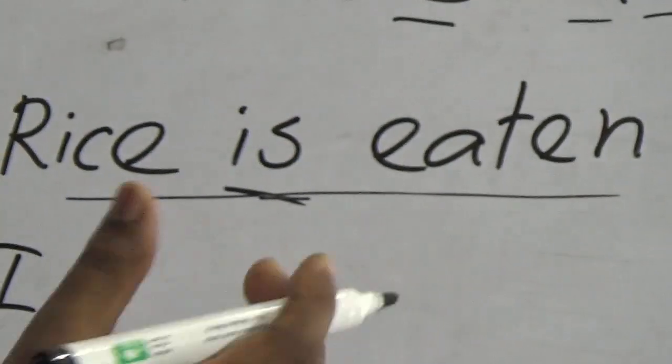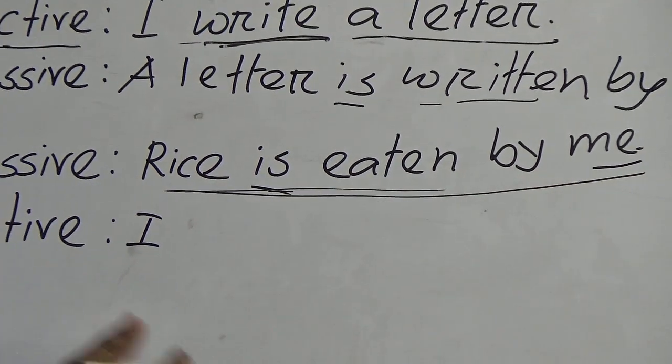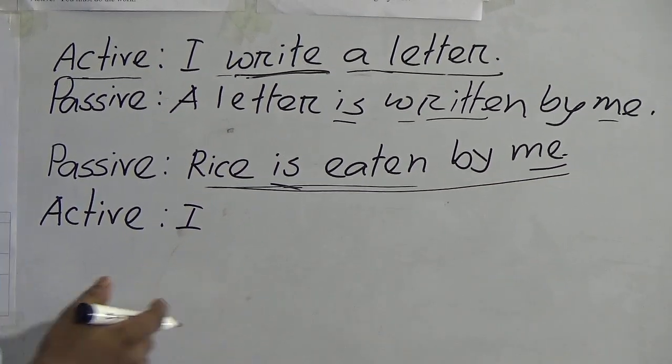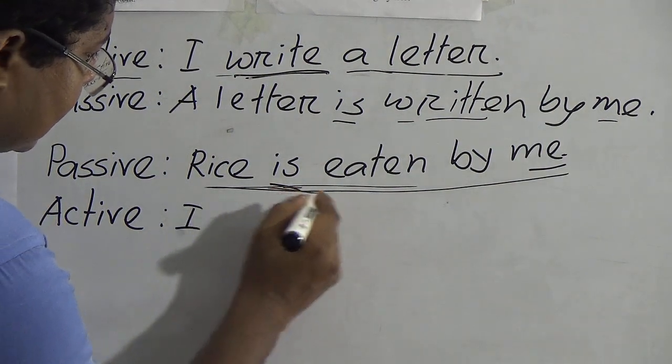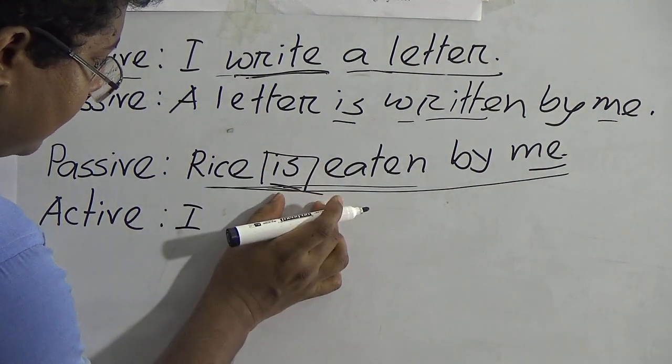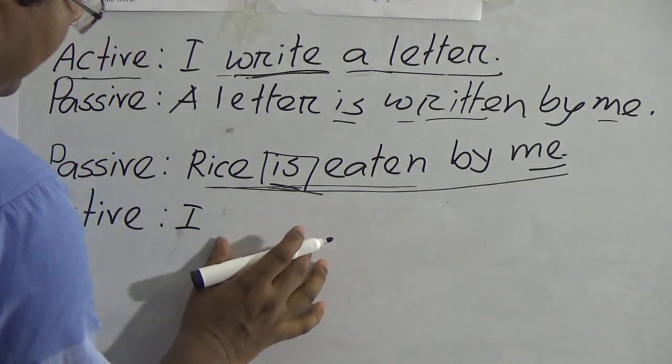So is is the auxiliary verb of present indefinite tense. That's why we have to make this sentence present indefinite tense. I'm telling you again, is is the auxiliary verb of present indefinite tense. That's why we will make these sentences present indefinite tense.